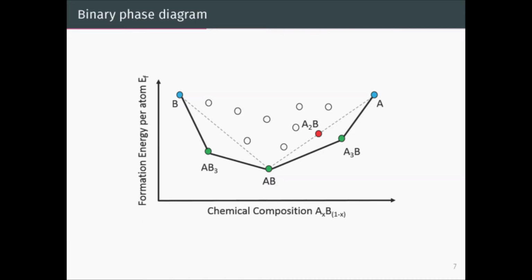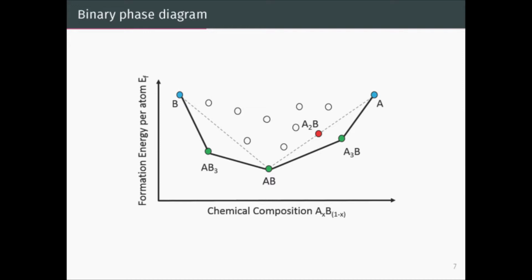And what this allows us to do is generally in experiment, you may only have identified one or two of the structures on this phase diagram, and you don't know what the rest of them are. So by doing crystal structure prediction, we can make some educated guesses as to what those other structures might be, find their ground state energies, and make this diagram again to try and predict new structures like the green ones down here that are lower in energy than all of the other structures on this plot.